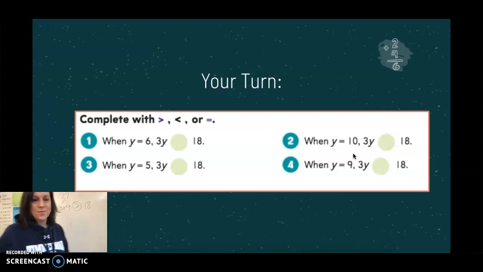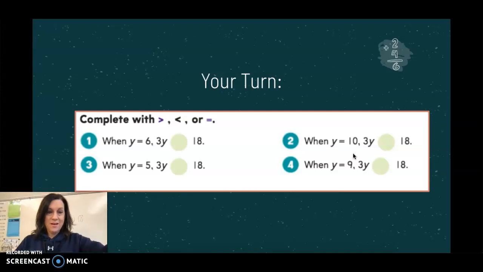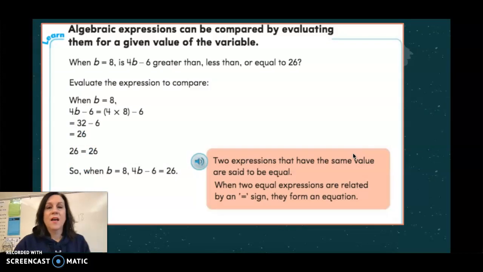So, I hope that you got those correct. All right. So let's talk about how algebraic expressions can be compared by evaluating them for a given value of the variable. So when b is 8, is 4b minus 6 greater than, less than, or equal to 26? You're just plugging in that b. You're just plugging it in to figure out your answer.